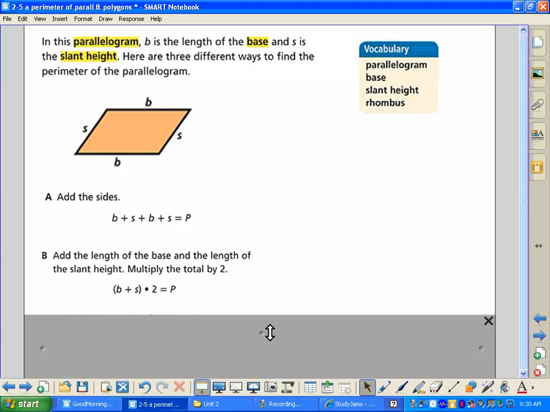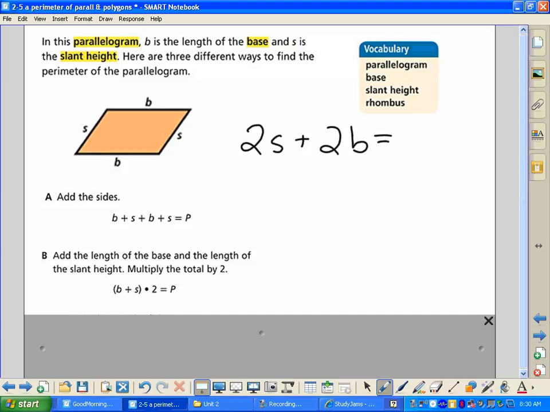Why does it work? Because B plus S equals something, and you have to multiply that by 2 so that you can get the real answer. Look, how many S's do I have in my shape? 2. So I have 2S. How many B's do I have? 2 B's.